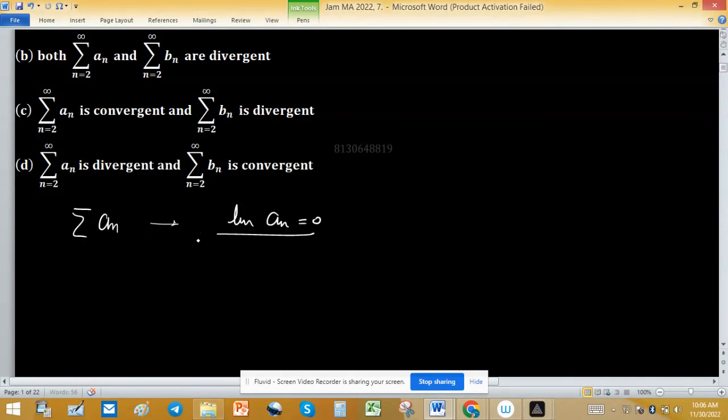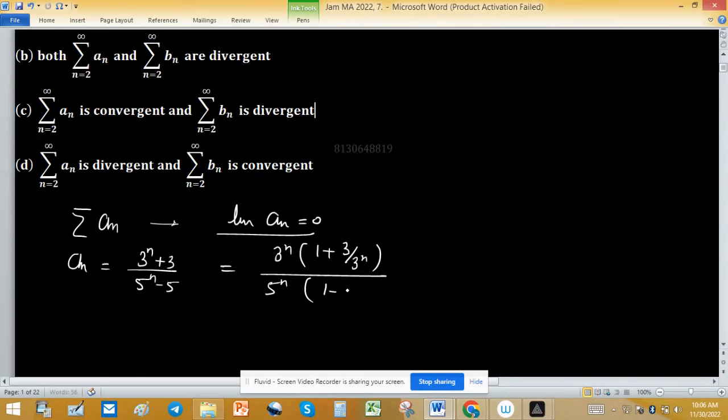This is the rule. And an is given to you: an equals 3 raised to the power n plus 3, over 5 raised to the power n minus 5. Take 3 raised to the power n common from the numerator. So 1 plus 3 upon 3 raised to the power n, upon 5 raised to the power n, 1 minus 5 upon 5 raised to the power n. From this, you can find 3 upon 5 raised to the power n.